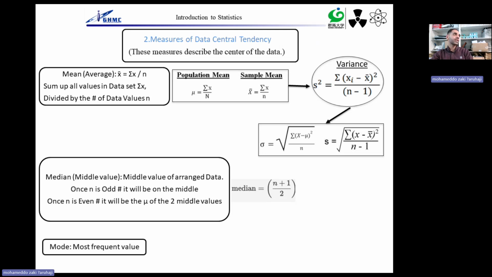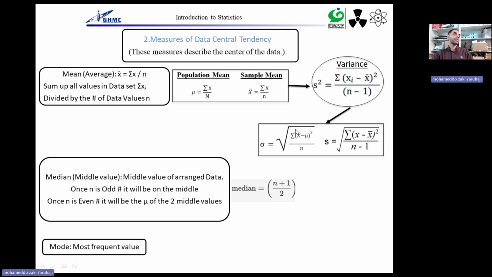We use standard deviation a lot, and we will talk about it soon. The mean is important because it is the only way for me to find the standard deviation. I cannot find the standard deviation by itself. I have to find the mean, and from the mean, the variance, and then from the variance, the standard deviation.